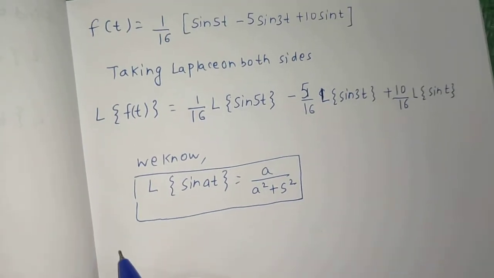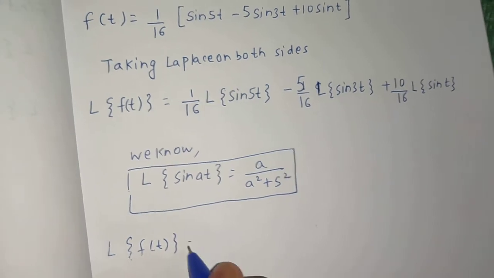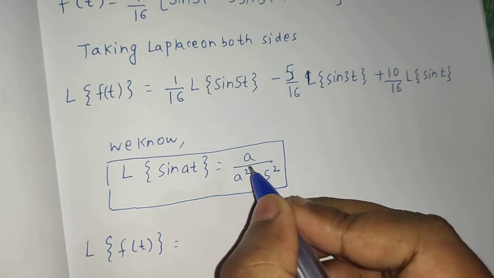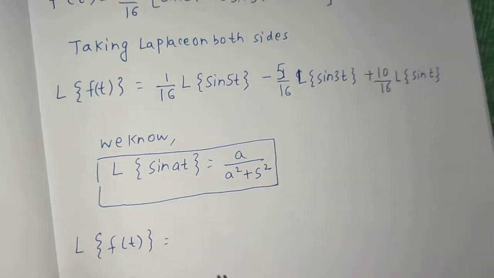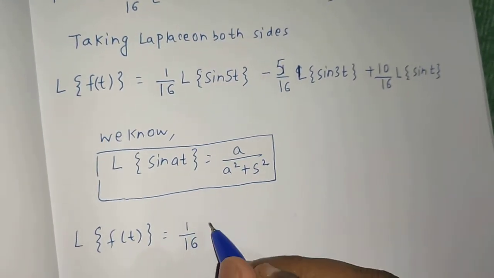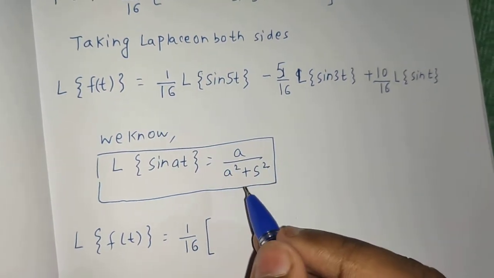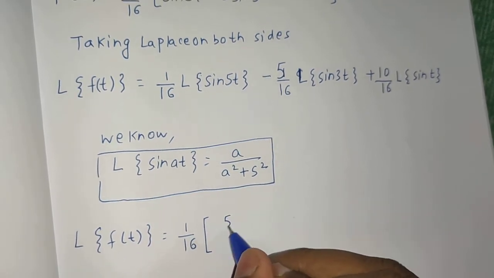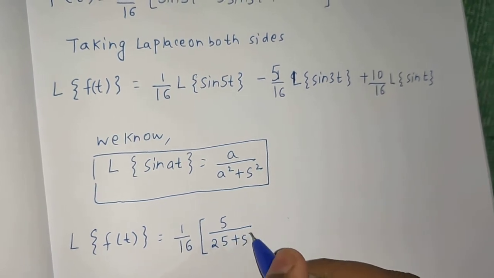Now Laplace of f of t will become, now Laplace of sin 5t, what will that be equal to? This is sin at, so a will be here. So 1 by 16 I am taking as common. Now Laplace of sin 5t will be 5 divided by 25, 5 square, plus s square.